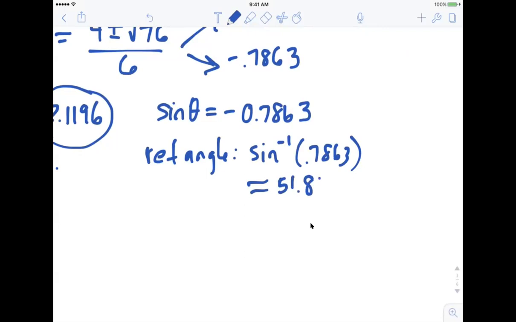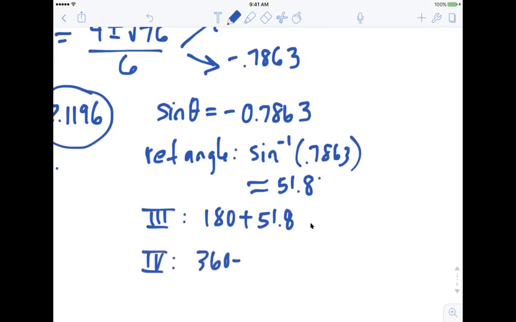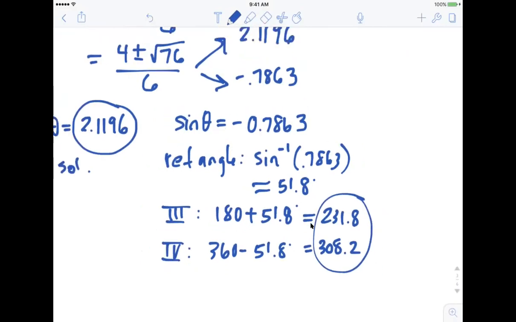Right, and then I'm going to do quadrant 3 is 180 plus that. Quadrant 4 is 360 minus that. Those are the places where sine is negative. Okay. So adding 180, I get 231.8. Subtracting from 360, 308.2. And there's my answers.